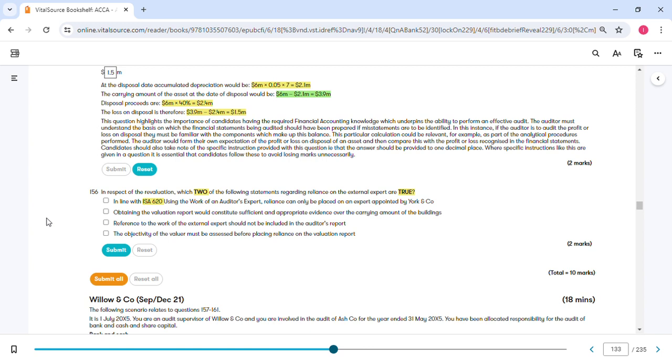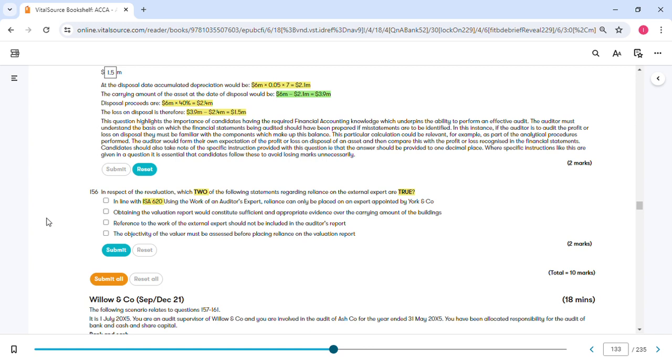If we are hiring an expert, we have to make sure, in line with ISA, using the work of an expert, reliance can only be placed on an expert appointed by your company.